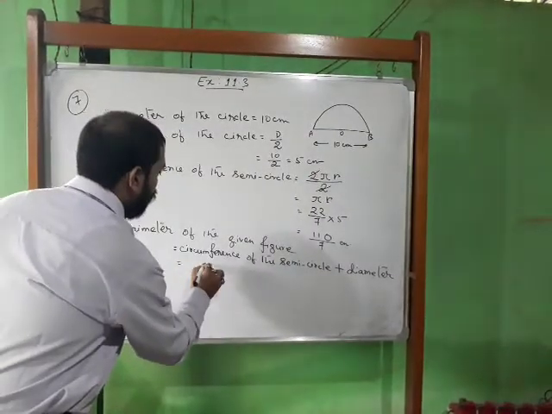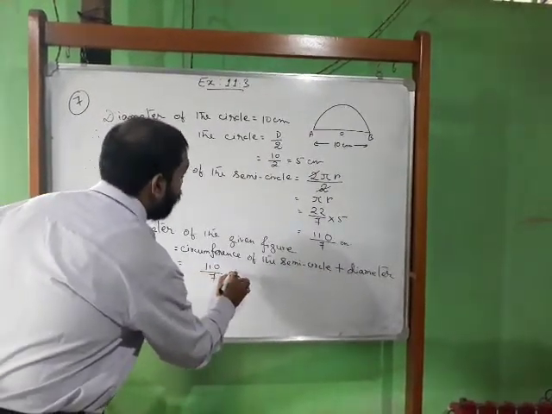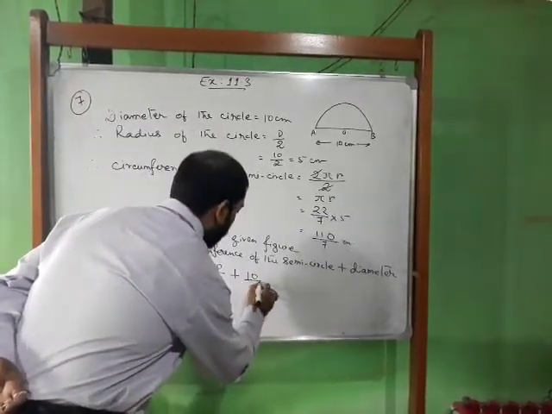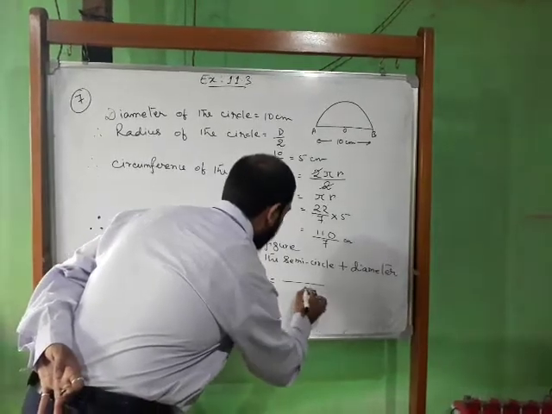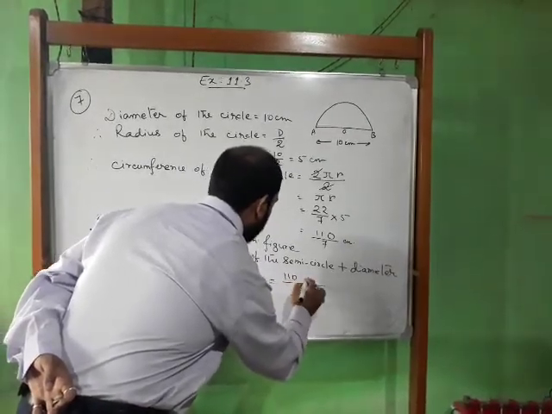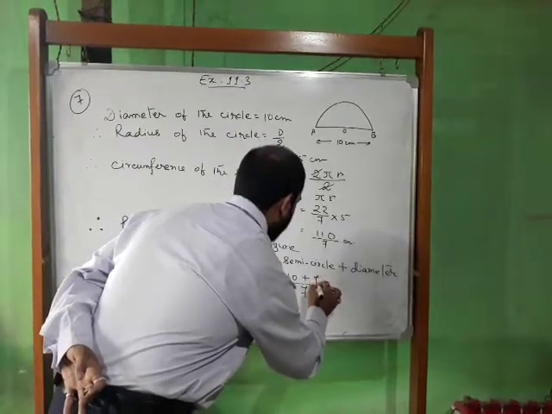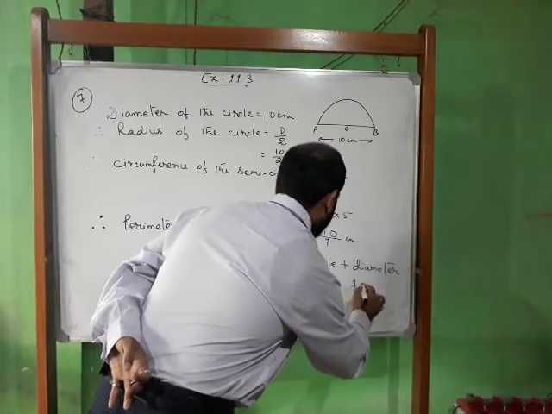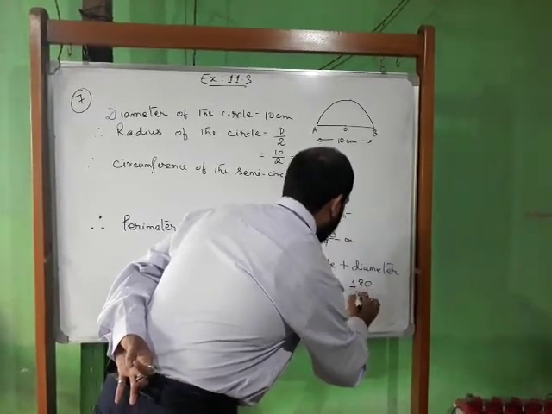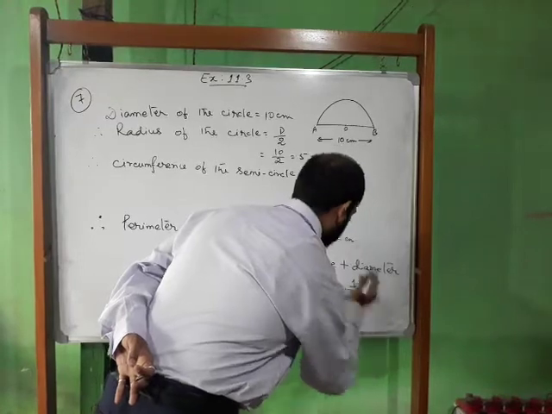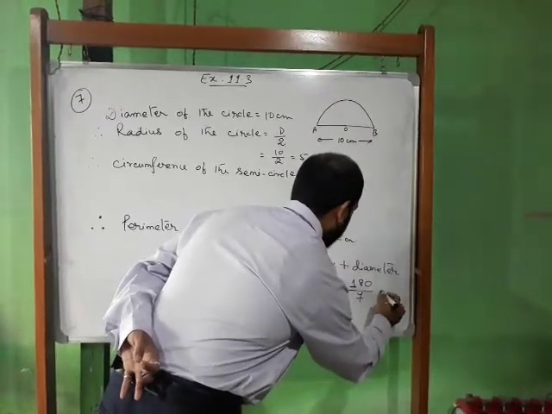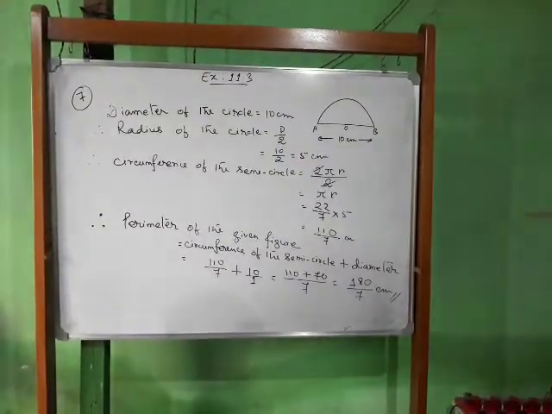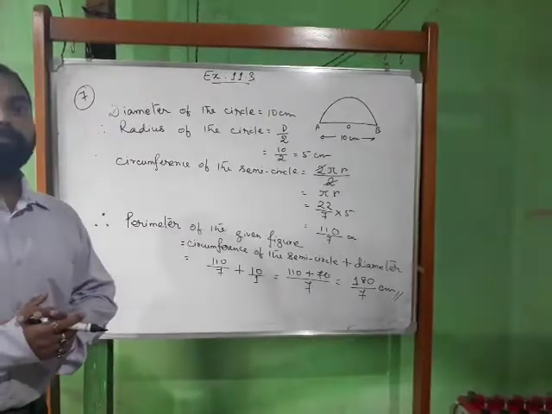Which is equal to 110 divided by 7 plus 10. This 10 we can take as 10 by 1, so the LCM will be 7. 110 plus 70, so it is 180 divided by 7 centimeter. Let us keep it in fraction. So this is our required answer for question number 7.